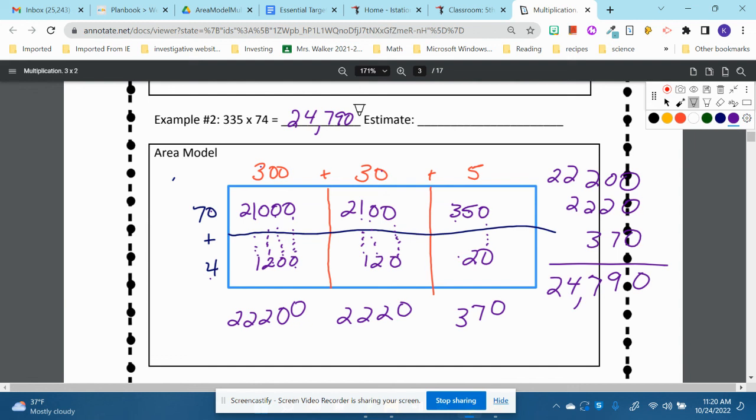If it's like 74, you make sure there's two boxes because it has two place values. Okay, what else? Ellie? Line up the place values. Very good. Okay. All right. So now that's the end of the lesson.